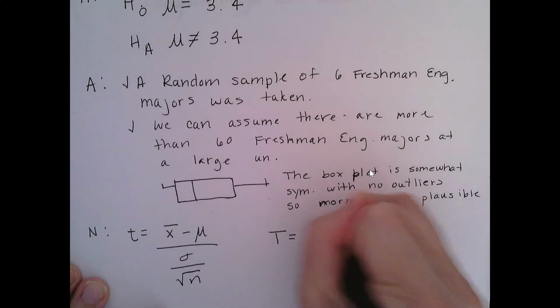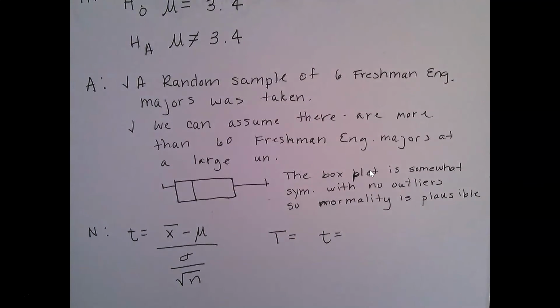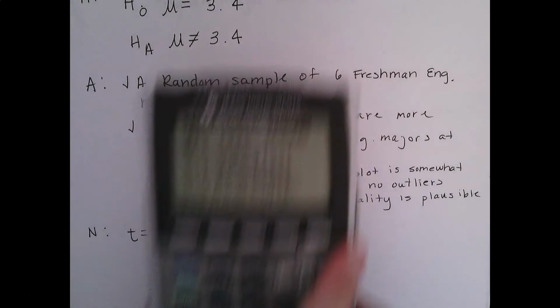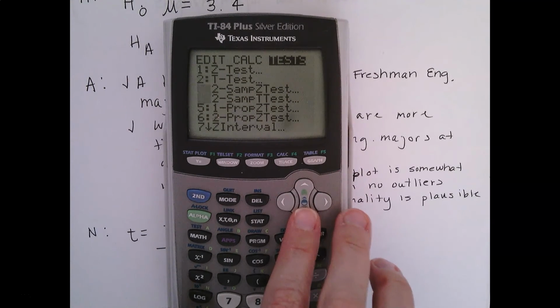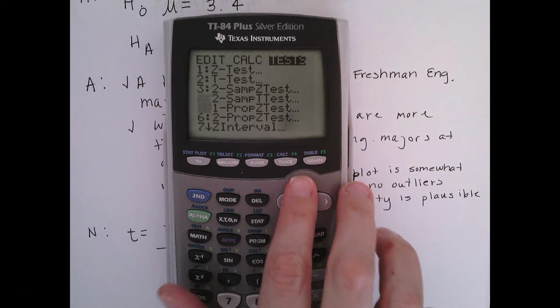So t equals. Let's just go and run this test in my calculator. Now, one thing I'm going to tell you more about next week is what you're probably going to need to do and not. P-value by hand is probably not something you're going to be asked to do. So we're going to do a lot of this on the calculator because they're going to change the test a little bit this year. So I'm just going to go to t-test.